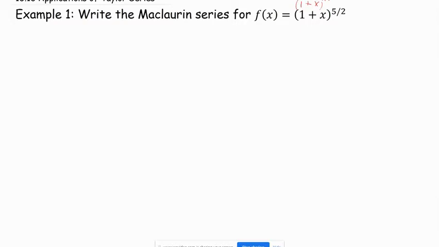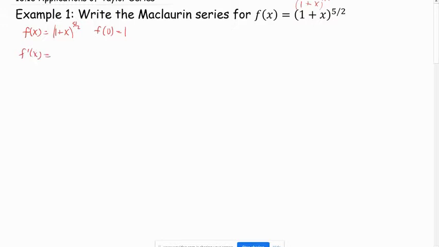If we start creating this Maclaurin series from scratch, we would need f of x equal to 1 plus x raised to the 5 halves power. So f of 0 is 1.